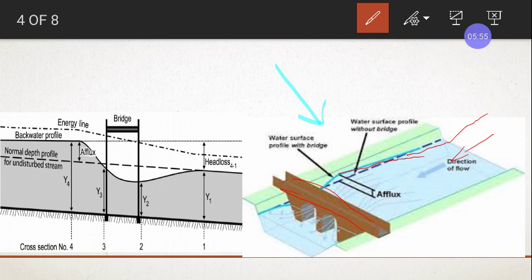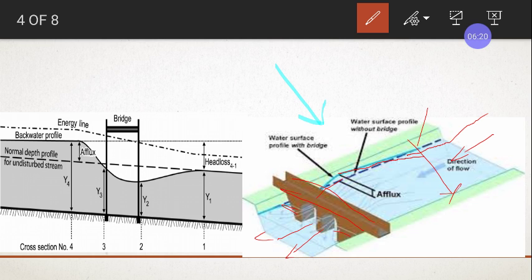Why will it increase? Because the actual width of the waterway is this. Due to the construction of the bridge, that waterway has reduced. You can see the water is coming through only these two openings. We have blocked the passage of water.